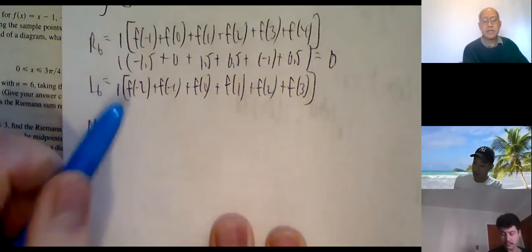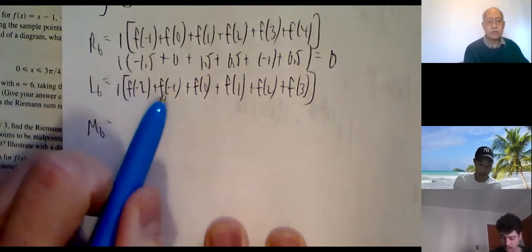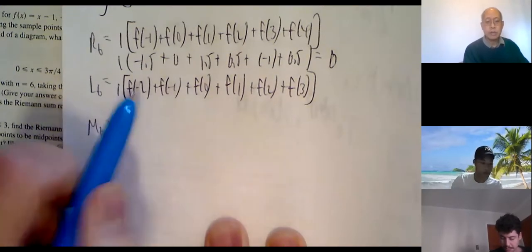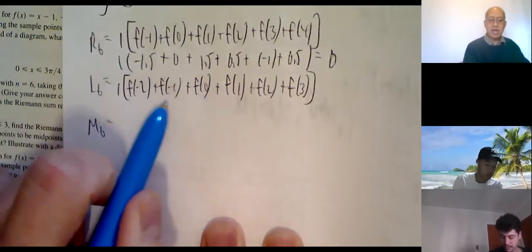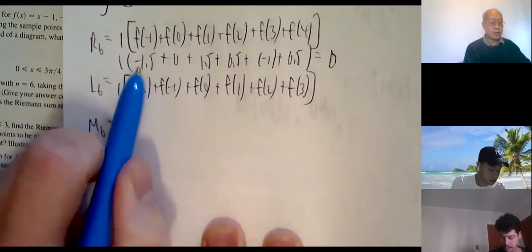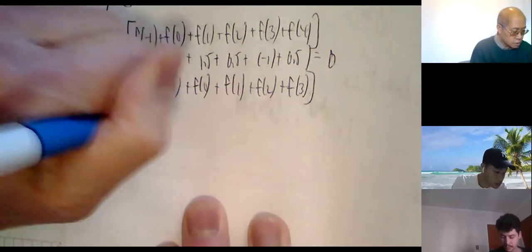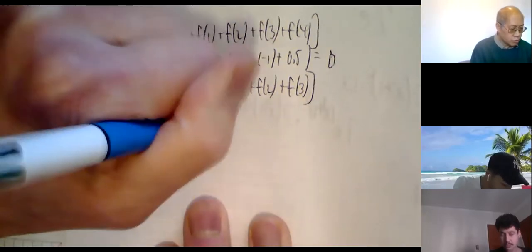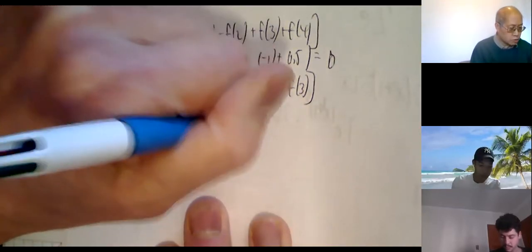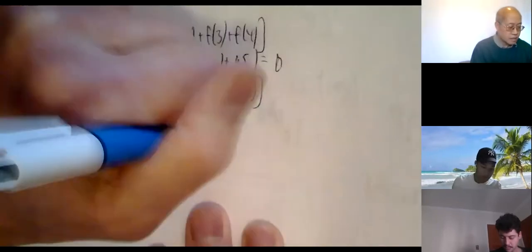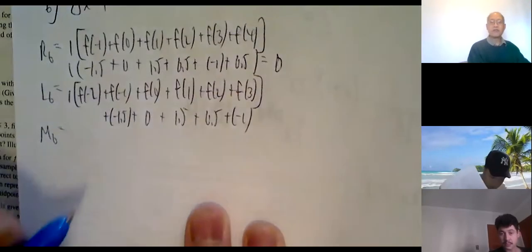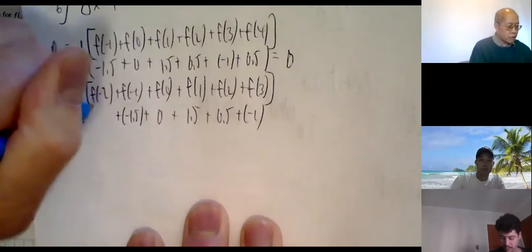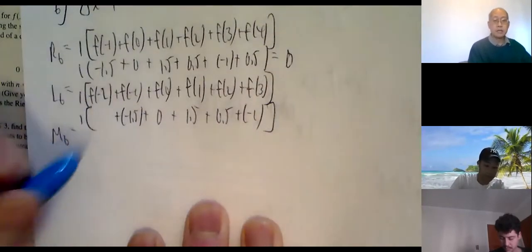Okay, so there are 6 left endpoints: -2, -1, 0, 1, 2, and 3. Okay, well, these 5 I can just copy. So I'll just peek up here and copy these: -1.5, 0, 1.5, 0.5, and -1. Multiply by 1, but of course, if you multiply by 1, it's easy.